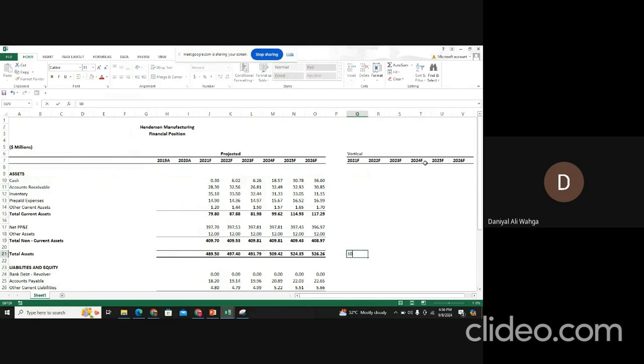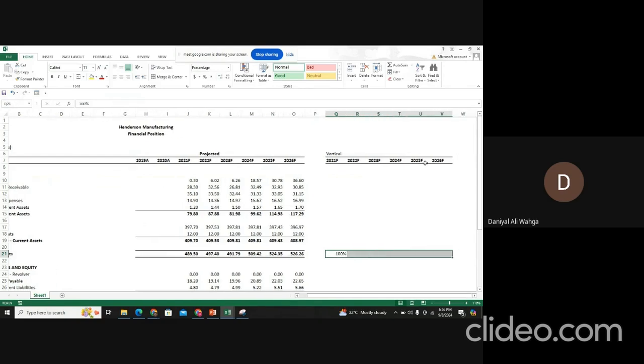My 100% would be my total assets. Or I guess I can type 100 as well, making a specific proportion of it divided by my total assets balance.